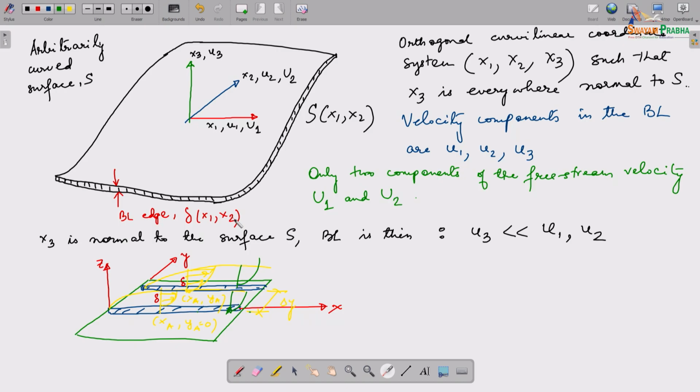Now the point is the boundary layer is thin. This thickness is thin, and x3 is normal to the surface, and hence, since the boundary layer is thin, u3, the component of velocity in the z direction or x3 direction, is much smaller than the other two.